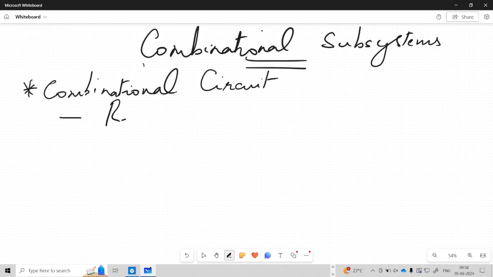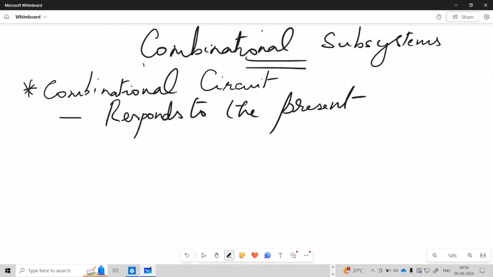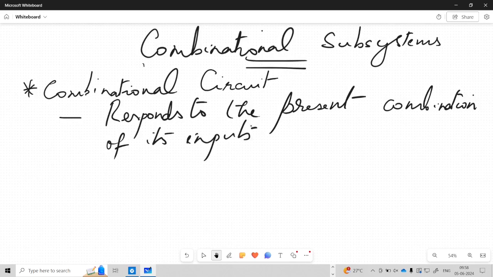The combinational circuit responds to the present combination of its inputs, which means the output of a combinational circuit depends only on the present combination of the inputs.